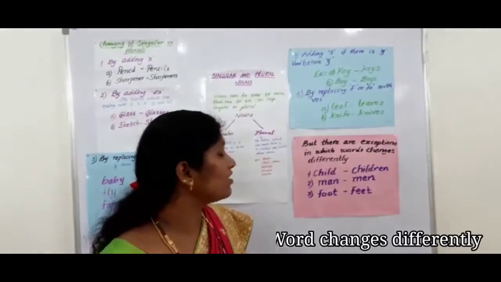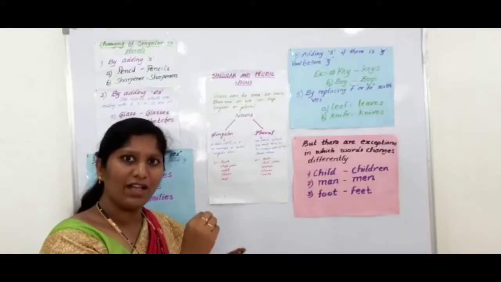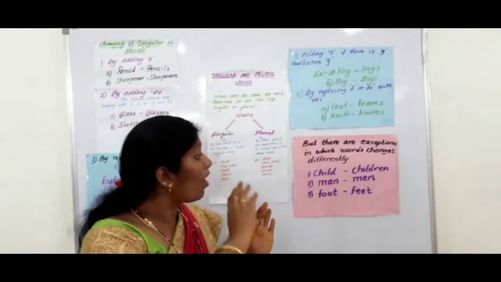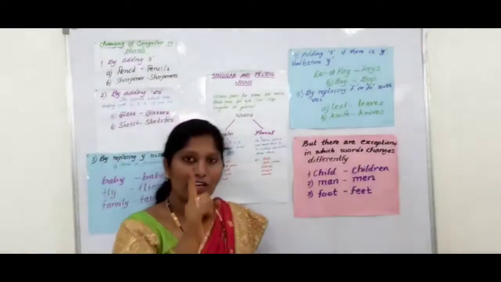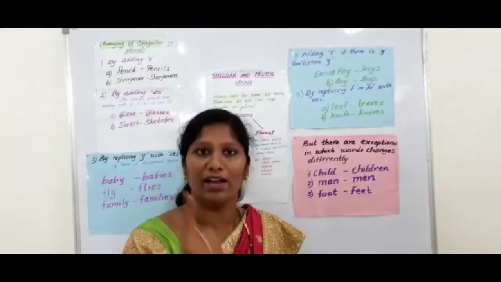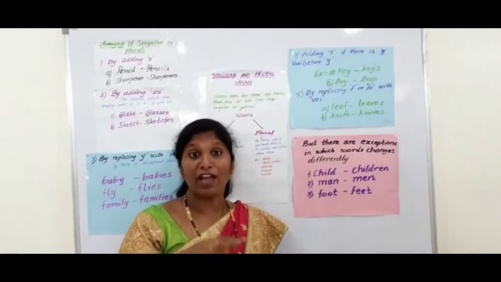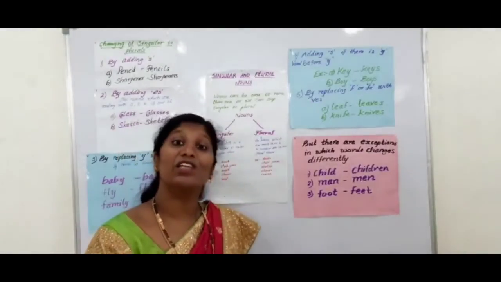Okay, the word changes differently. So up to now we have just added some letters and we have replaced one letter with another. But here the word will change. Okay, you observe here. Child. When we are talking about one boy or one girl, we will call them a child. Okay, when we are talking about more than one child, we will call them children.